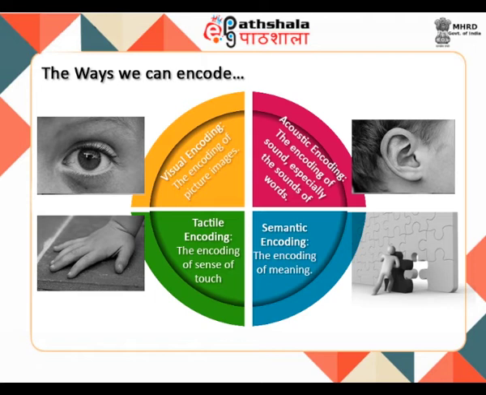Second, acoustic encoding, which is the processing and encoding of sounds, words, and other auditory inputs for storage and later retrieval. Third, tactile encoding is the encoding of how something feels, normally through the sense of touch. Last way of encoding is through semantic encoding, which is the process of encoding sensory input that has particular meaning or can be applied to a particular context.